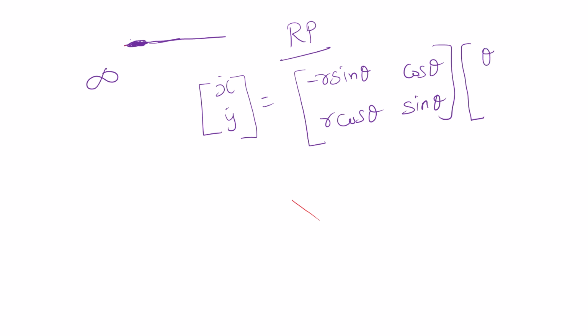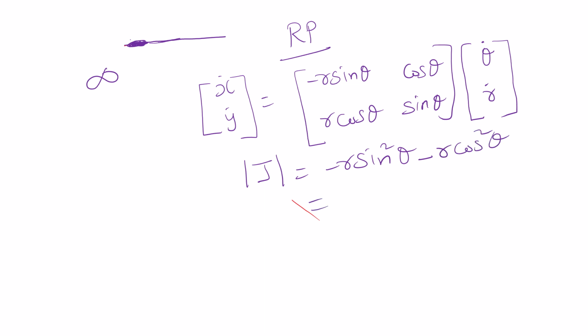It is an RP manipulator, so you have one revolute joint and one prismatic joint. To determine the singular position, you need to know the determinant of the Jacobian. So you will get minus r sine square theta minus r cos square theta, which will be equal to minus r.